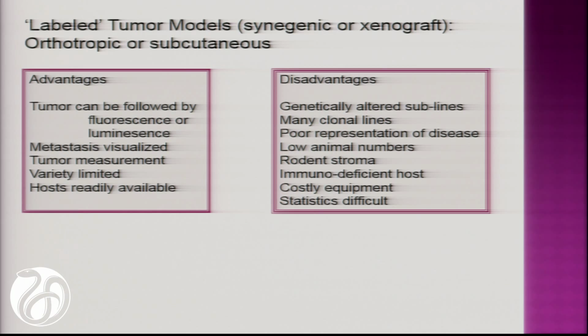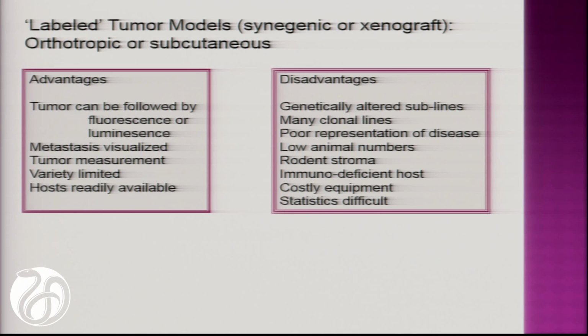Now I'd like to talk about labeled tumors, and this is perhaps the tumor model that I have the most trouble with. These are either labeled with a green fluorescence protein or red fluorescence protein or luciferase. These are the types of models I'm discussing here. And the advantages are that the tumor can be followed by fluorescence or luminescence.